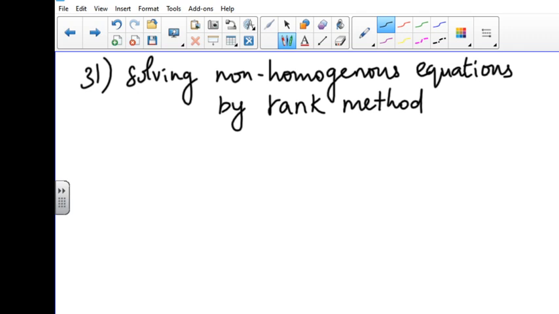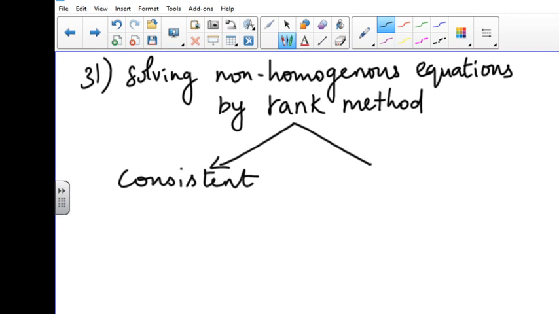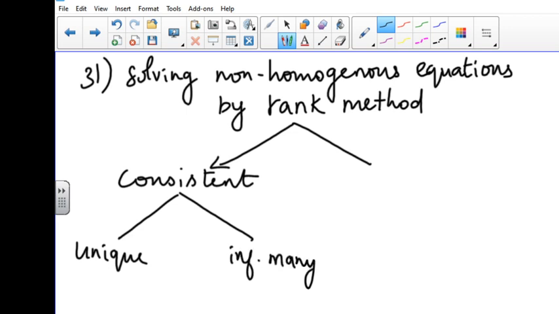Again, it has two cases. One is consistent, another one is inconsistent. Consistent has two cases: unique, and infinitely many solutions.